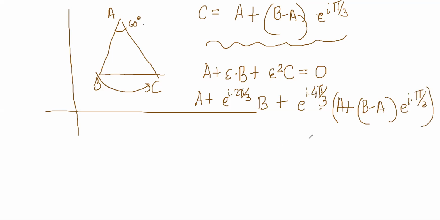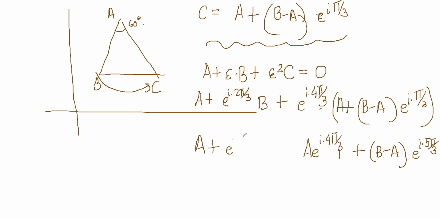So that becomes a into e power i 4 pi by 3 plus b minus a into e power i 5 pi by 3, and e power i 5 pi by 3 is 2 pi minus pi by 3. So let's just write it: a plus e power i 2 pi by 3 into b plus this.